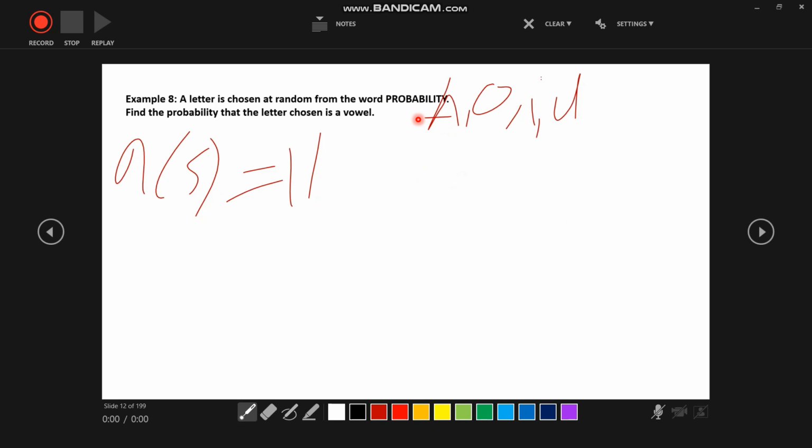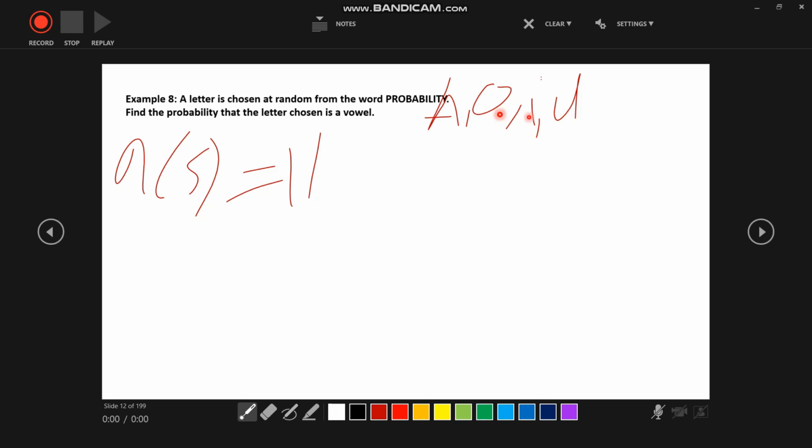So we have to check for A in this word. We have A there. How many times? One. We have O. How many times? One time. We have I. How many times? I is two times. So this is one, two, three, four.